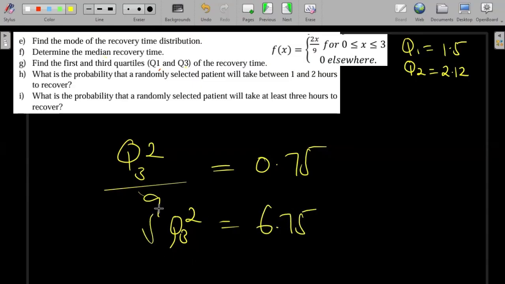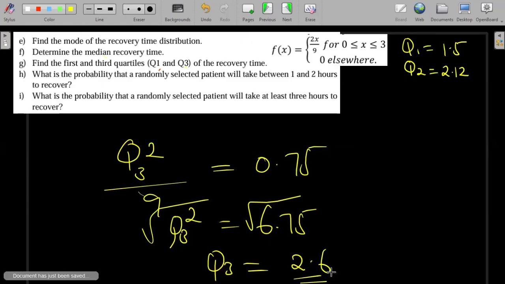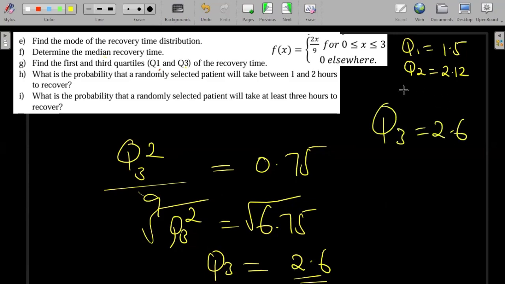Then you take the square root, and Q3 is approximately 2.6 when you round it off. So that is my Q3, 2.6. Our Q2 is this, our Q1 is that. So we found all the quartiles there.